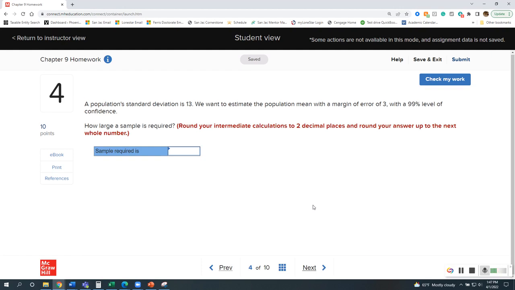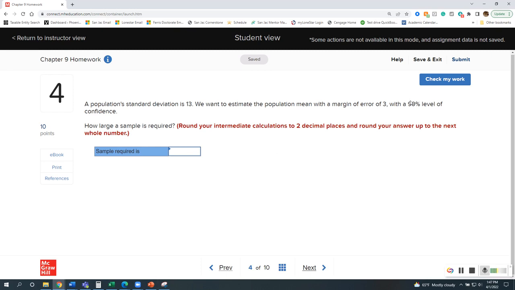Alright, question 4. A population standard deviation is 13. We want to estimate the population mean with a margin of error of 3 with a 99% level of confidence. So with this one, we're going to take the formula.